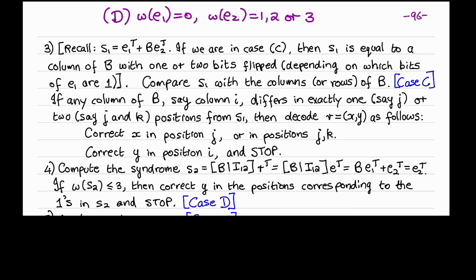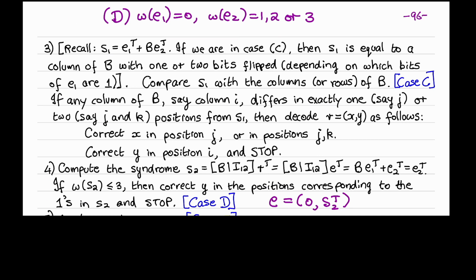If the weight of S2 is at most 3, then we correct Y in the positions corresponding to the ones in S2, and we stop. So in this case, we're taking the error vector to be 0 in its left half and S2 transpose in its right half. You can check that the syndrome of this vector E equals S2, and so E has the same syndrome as the received word R.